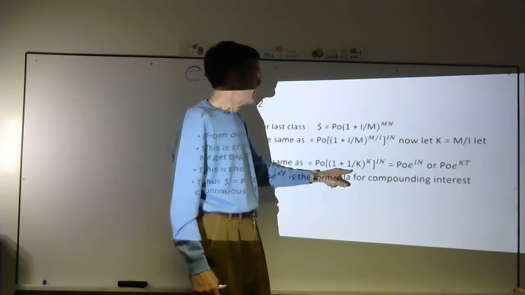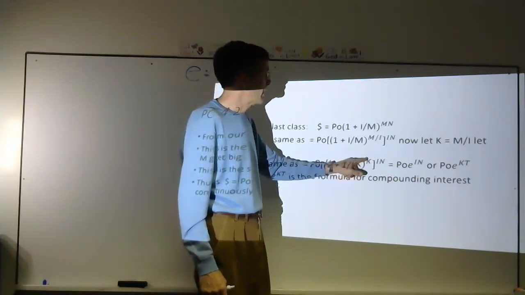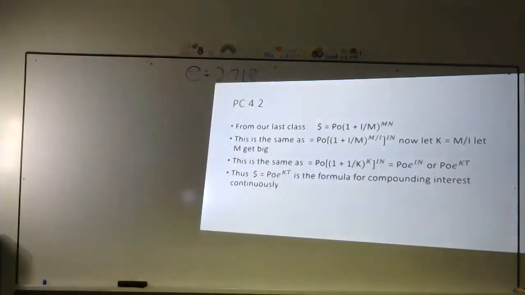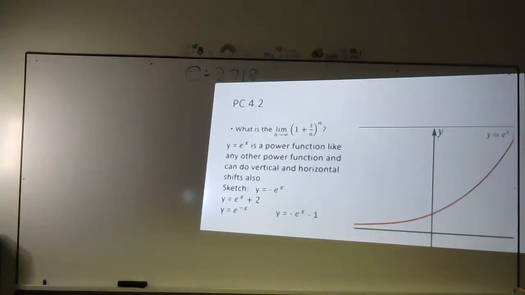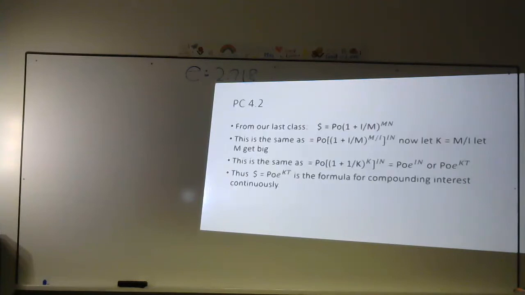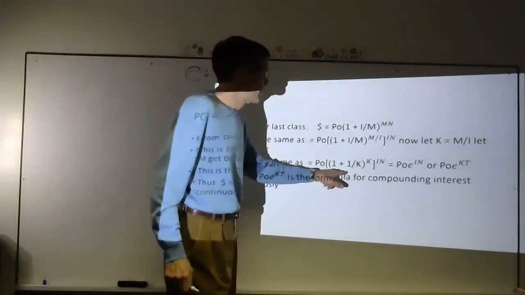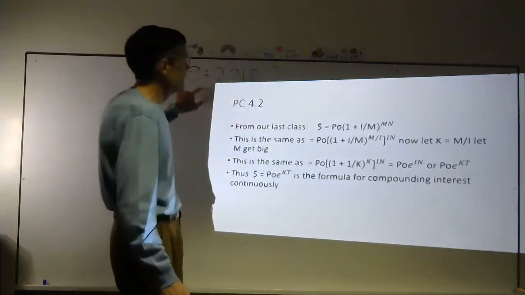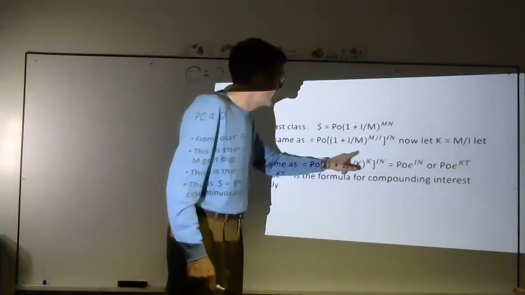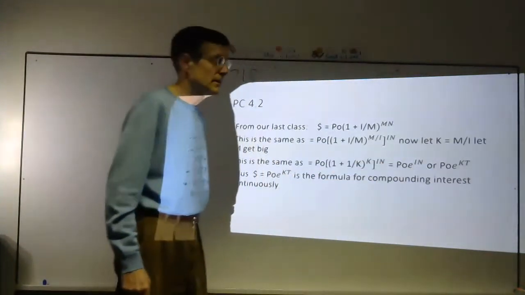So I have 1 plus 1 over k to the k. Well, we just talked about that. 1 plus 1 over n raised to the n, right? And when you have 1 plus 1 over k raised to the k, that is that number e. So in place of this whole mess here, I can put an e.